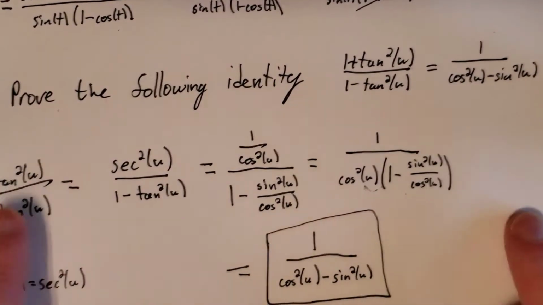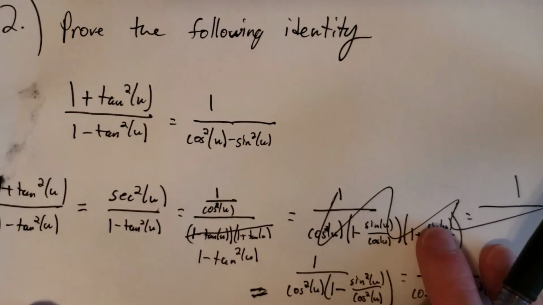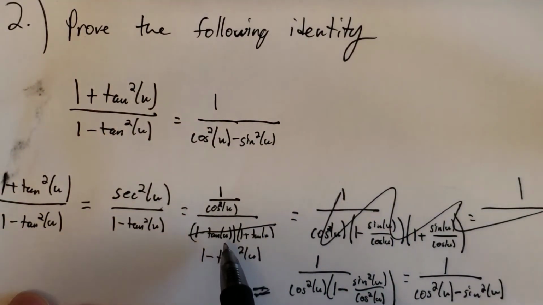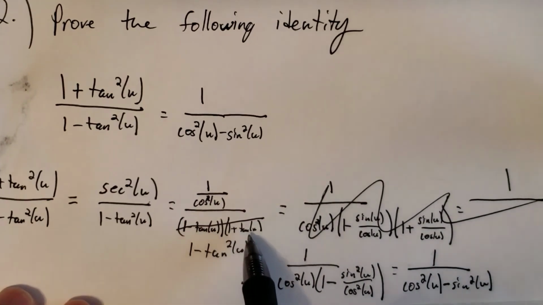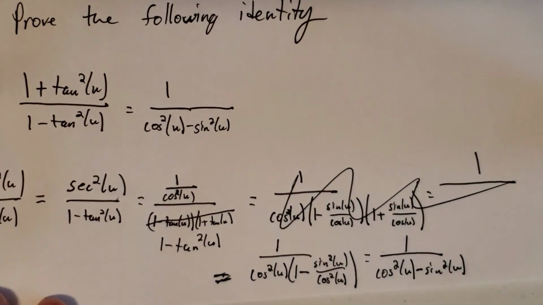But the first time I worked out this problem, I actually tried something a little bit different, where I factored the 1 minus tangent squared into 1 minus tangent times 1 plus tangent. And then I tried to do all of this mess, and it really got more complicated.